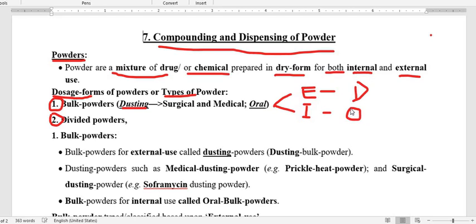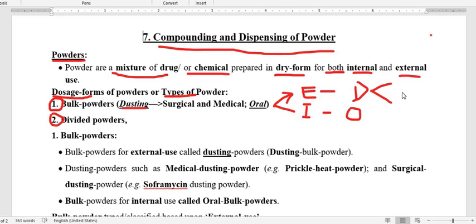So this is the meaning of bulk powder, and it is divided into two based upon its utility for external and internal use. Now again, dusting powder, the external one, is subdivided into two parts based upon its utility.